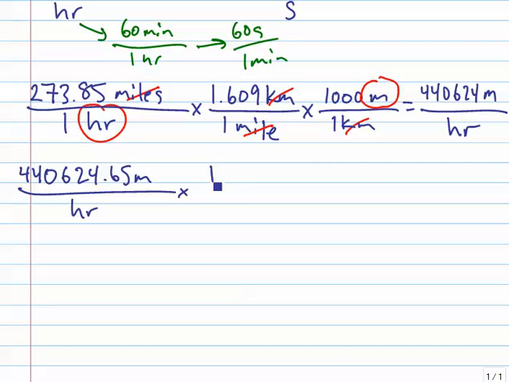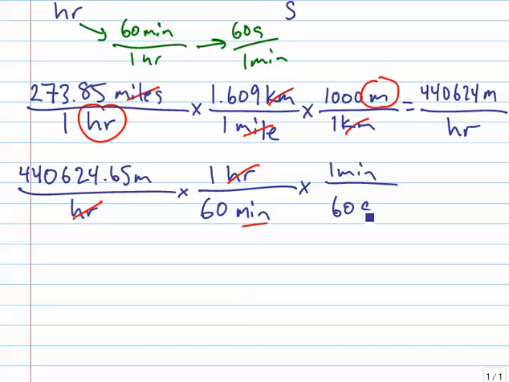I have 1 hour needs to go on top so that my hours cancel for 60 minutes. Okay, so I see that hours cancel and I'm left with minutes. Now I convert those minutes into seconds. 1 minute is equal to 60 seconds. So now my minutes cancel and I'm left with seconds.